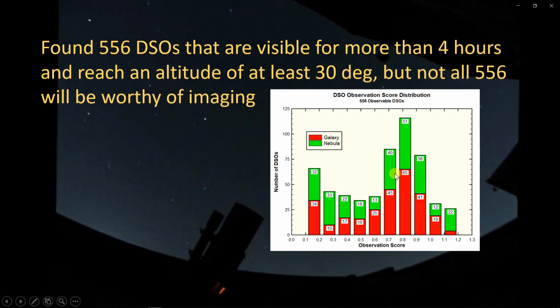Fortunately for me, there are many, perhaps most of the DSOs that I can see are observable for a long period of time, and there are roughly an equal number of nebula targets and galaxy targets in this range. So most of these 556 deep sky objects are visible for a long period of time.